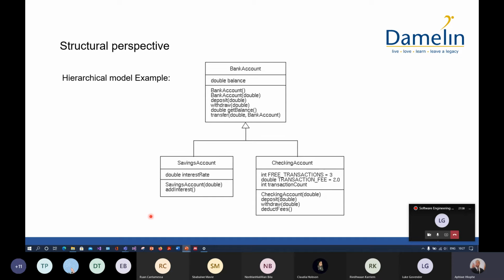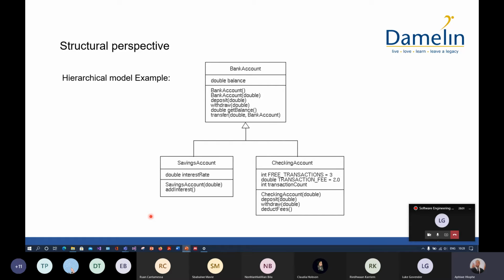So as you can see from this structural perspective, it's showing us more on the side of the hierarchy and the inheritance, as opposed to the different links or the number of links between these entities. So it's not showing one-to-one, one-to-many. It's showing the inheritance.